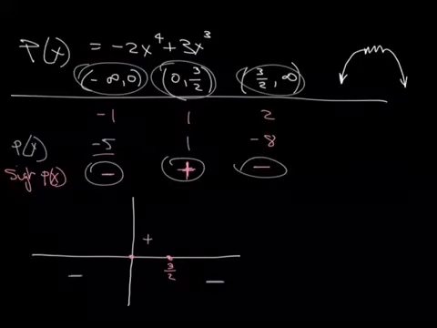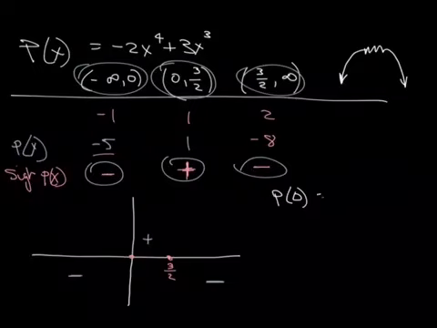Alright, so now let's say we want to find out where our graph crosses the y-axis. Remember, to determine where it crosses the y-axis, what is the x? The x is 0, so it's 0, some number, and that'll cross the y-axis. So let's take our original equation. Whoops, I've got to remember to put a 0 there.